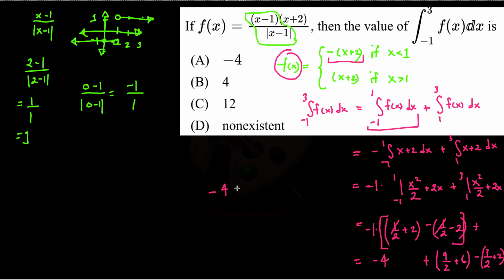So what do I got? I got -4 plus 9/2 plus 6. That's what? 9/2 is 4.5. Good. Okay, 4.5 plus 6 minus a half plus 2. And then the half minus a half cancels. I get 8. So something's not right.